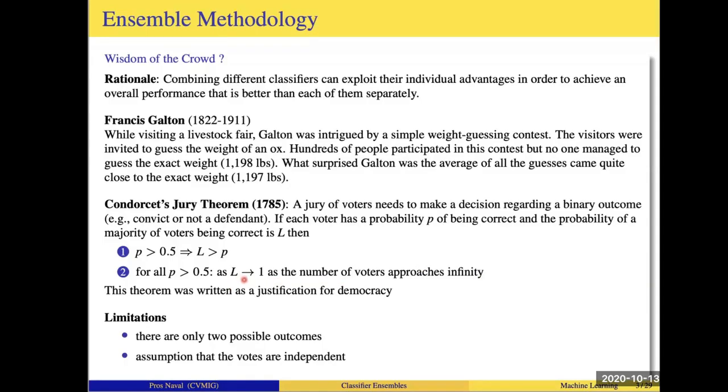Imagine, the probability approaches 1 as the number of voters approaches infinity. As the number of voters increases, the probability of the entire jury being correct approaches 1.